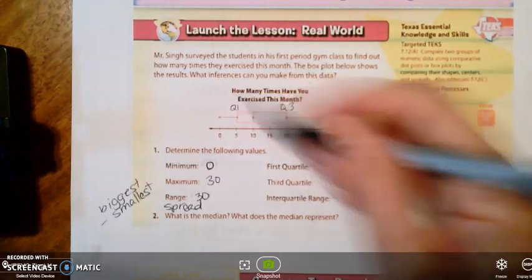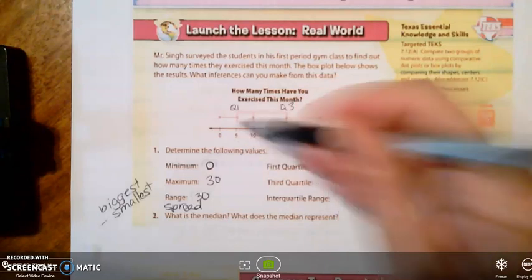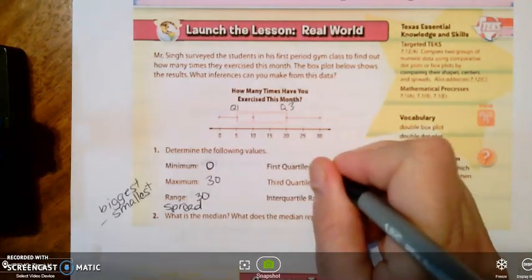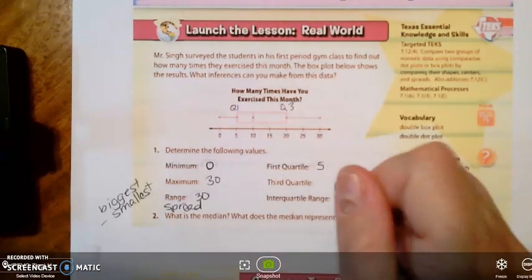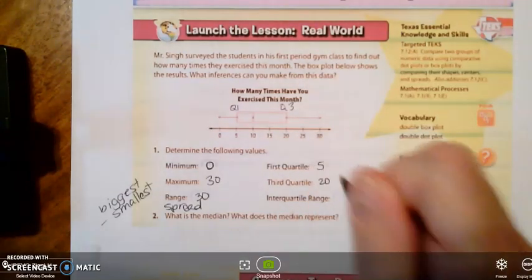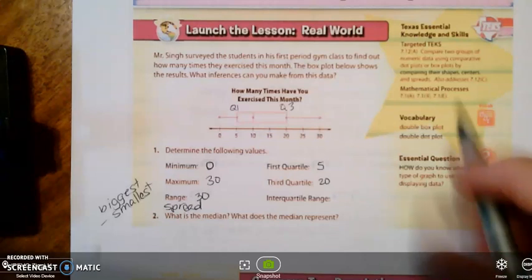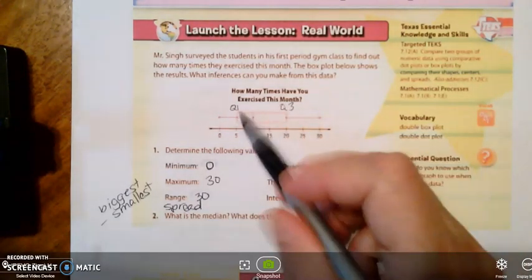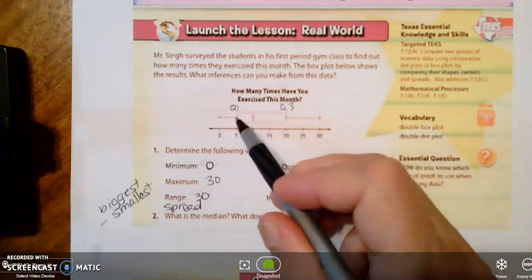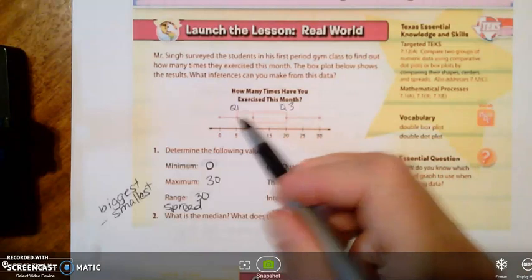Okay, so Q1, it wants to know what Q1 is. Well, it looks like it's right above that 5. So for the first quartile, we're going to put 5. In Q3, we're going to put 20. So your first quartile and your third quartile form the ends of the box. Okay? So you can tell that right here, that is our box. So when you subtract these numbers, that's called the interquartile range, okay?